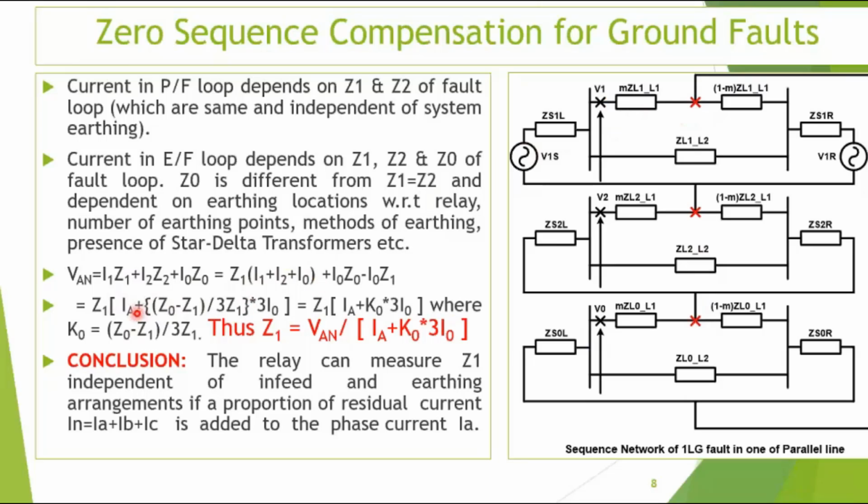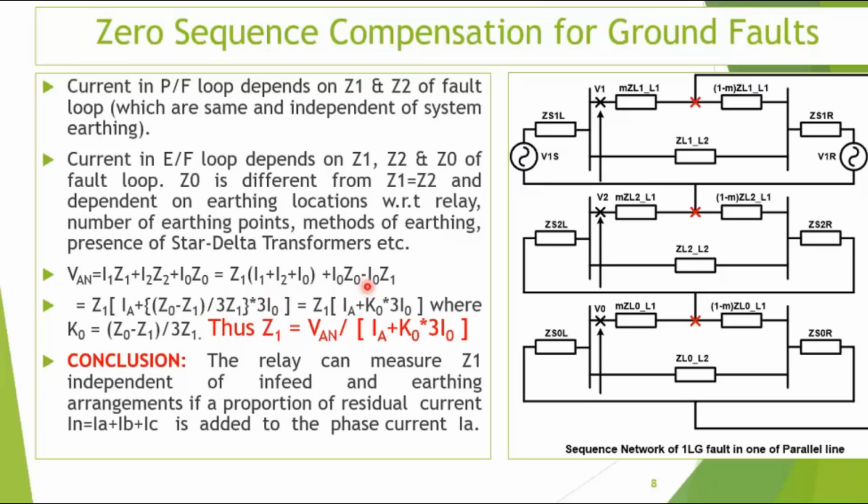So I have this IA, and then Z0 minus Z1 into I0. So what I am doing, I am dividing it by 3Z1 and multiplying it by 3I0 and taking Z1 common, so that this thing remains.